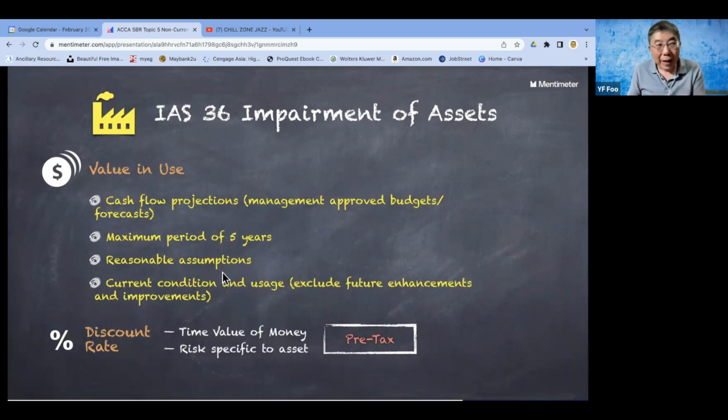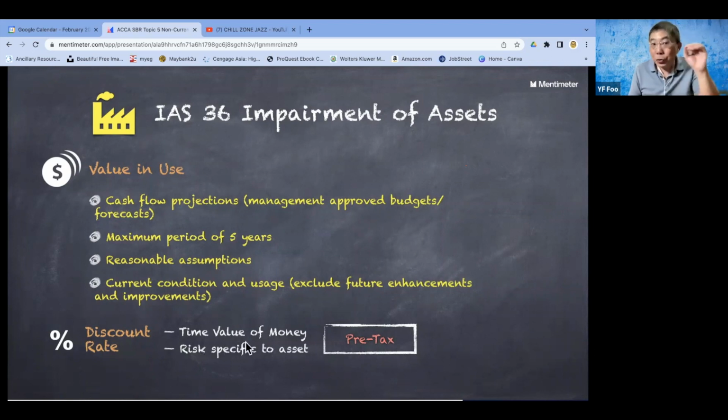So please bear in mind that these would be some of the elements that result in the value in use being very judgmental, very unreliable at the end of the day. And there's also this problem or challenge with the discount rate, because we need to discount it because there is time value of money.